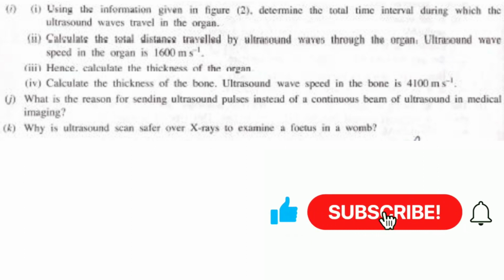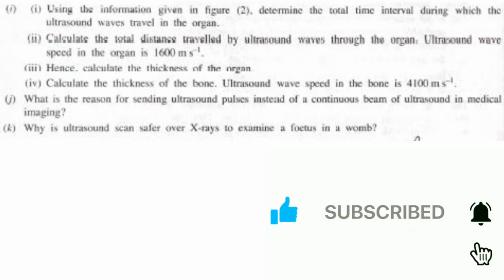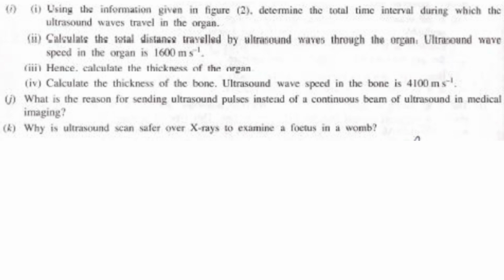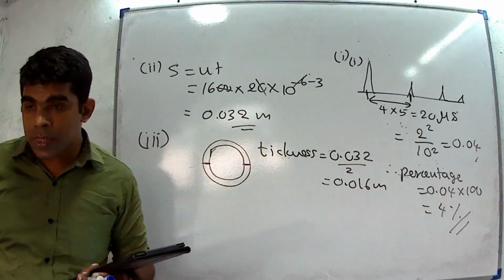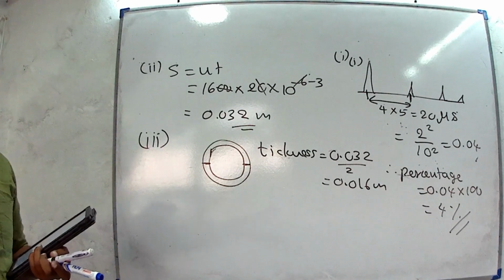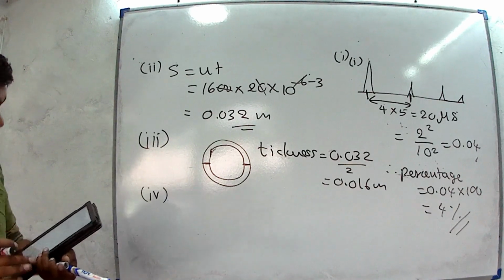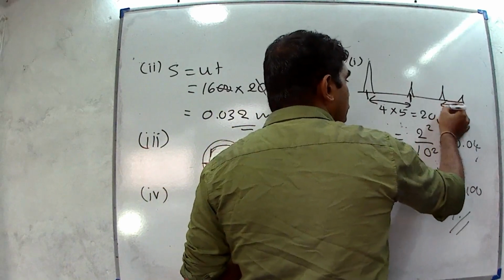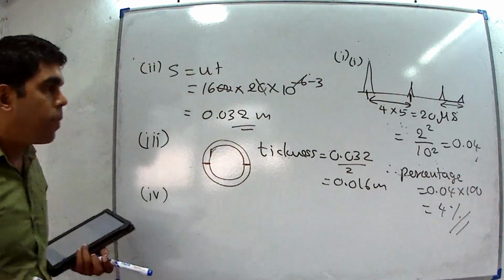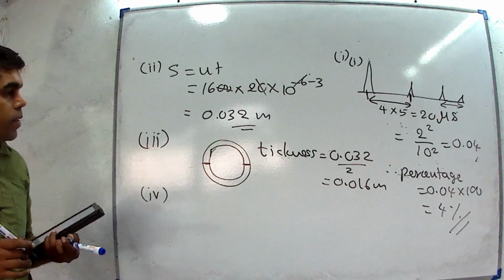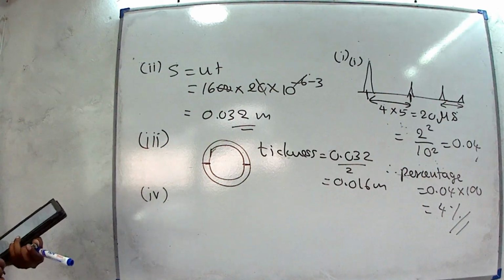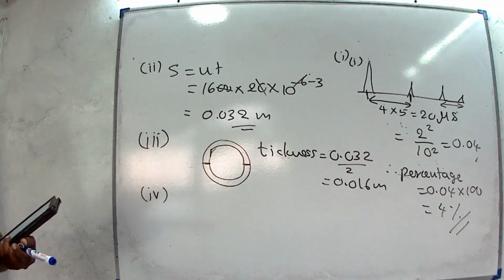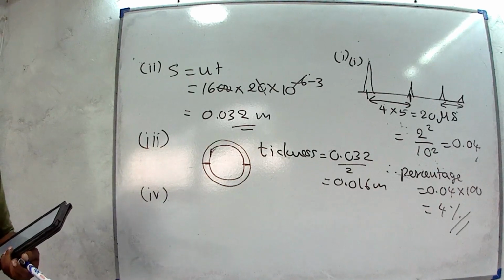calculate the thickness of the bone. The ultrasound wave speed is 4100. Now we have to use the same calculation for bone. When considering bone, we have to consider this part of the graph. It is 1 square. It means the ultrasound wave takes 5 microseconds to pass the bone.